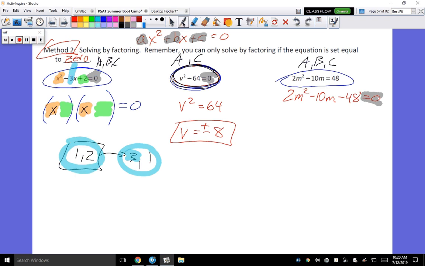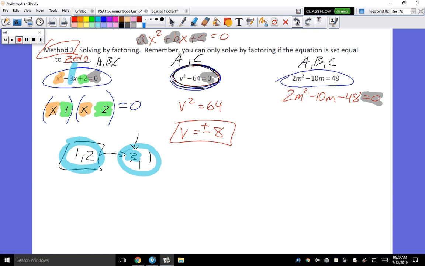So because that 3 worked from these numbers, I'm going to put a 1 and a 2. Or I could have put a 2 and a 1. Why are the positions interchangeable? Well, it's multiplication for sure, but also the more important is that it's x and x. The location of 1 and 2 doesn't matter because the other ones are exactly the same. Okay? So let's go ahead and put 1 and 2 like this.